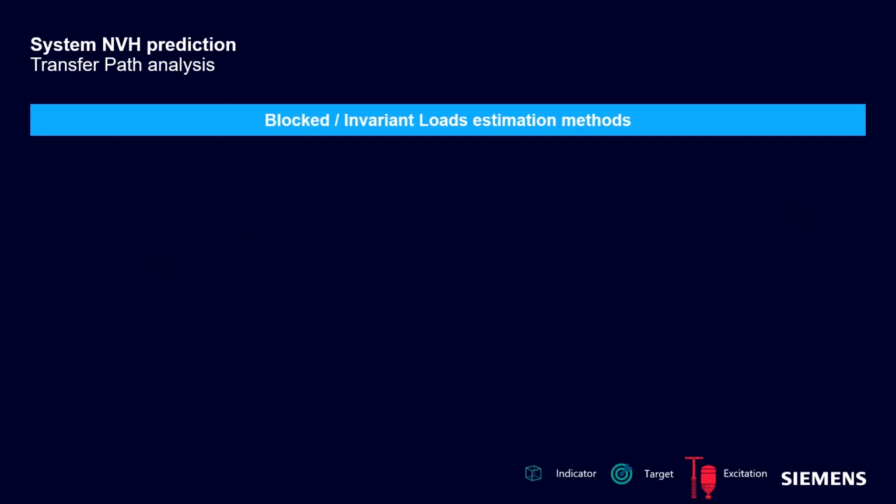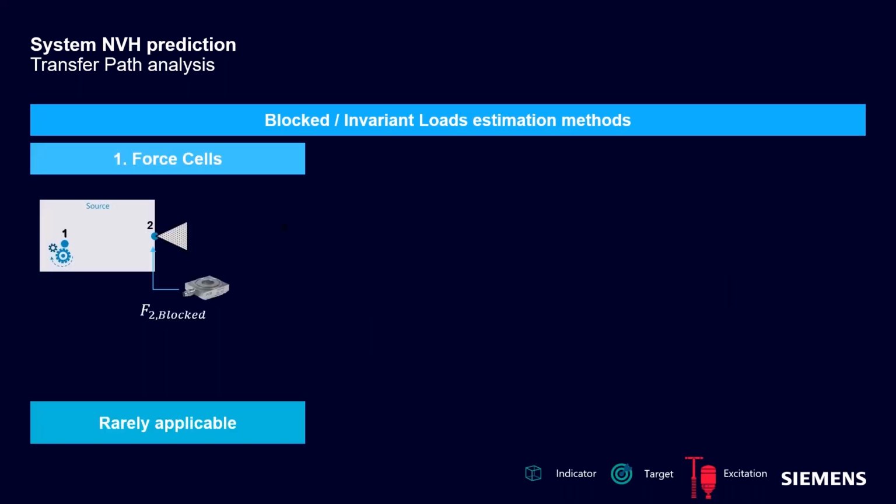When we talk about blocked forces or invariant loads, we have the same load estimation techniques. We have the direct method. In blocked forces, we're trying to establish what the forces are that are properties solely of the source. So we can pin this source down and mount it to an infinitely massive, infinitely stiff fixture and measure those forces directly.